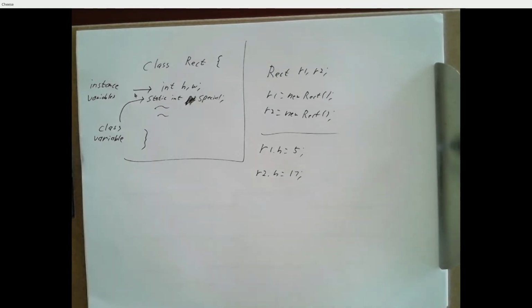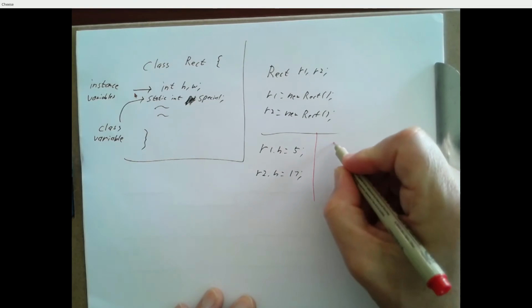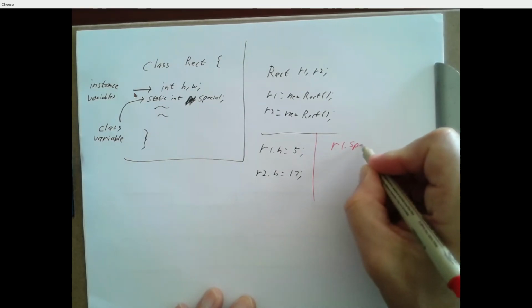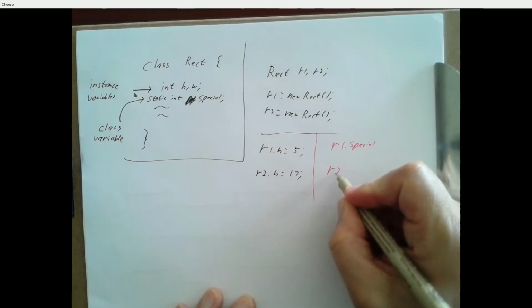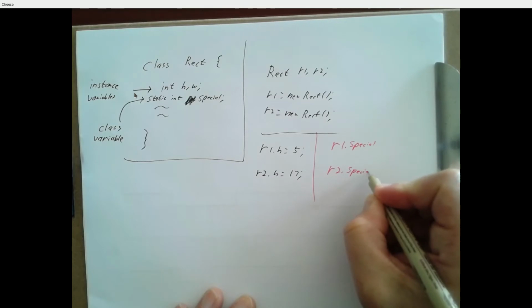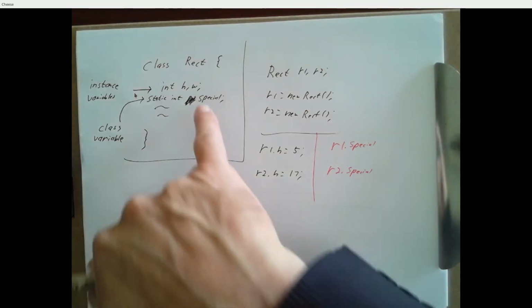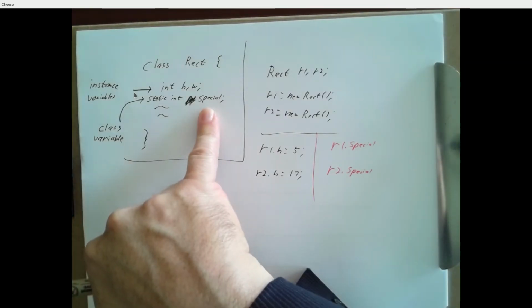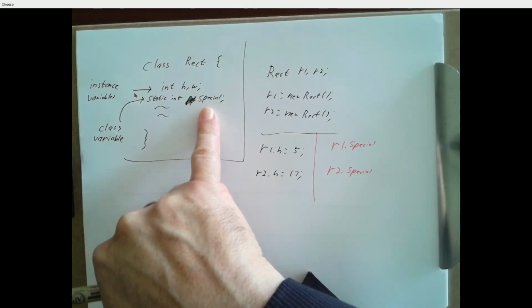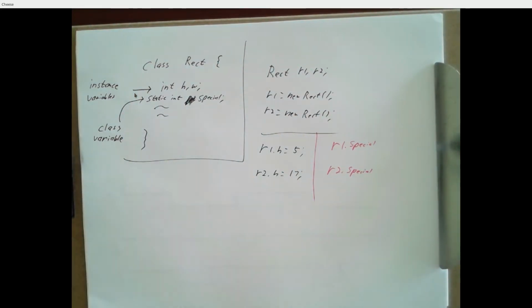Now, you're not supposed to do this, but if you were to do the following, r1.special or r2.special, they refer to exactly the same variable. You don't get a different copy of this for each instance of a rectangle. There's a single copy of this stored somewhere under the heading of here's a class variable for the class rectangle.